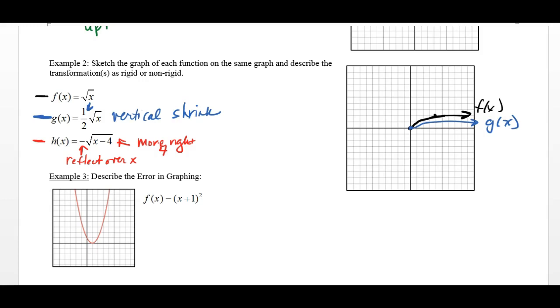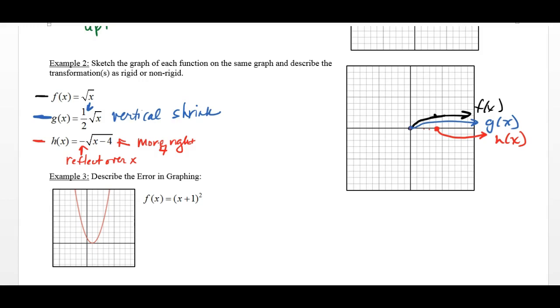So starting here, I count 1, 2, 3, 4. And instead of going up, I reflect it over the x-axis, and it's going to come down like this. It maintains the original shape, however, it's just flipped over and moved over to the right.